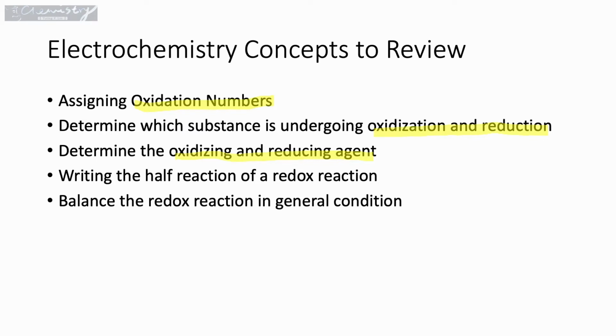Also, how we can write a half reaction for a redox reaction, and how to balance a redox reaction in general conditions. All of these concepts are the ones that we went over before, so make sure to double check those before you continue watching.